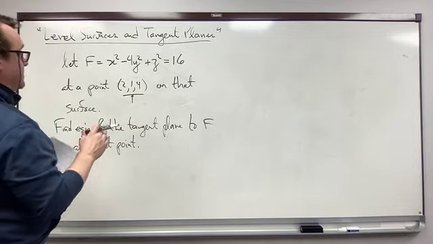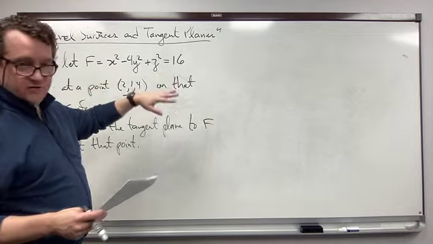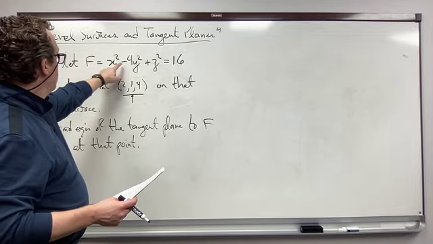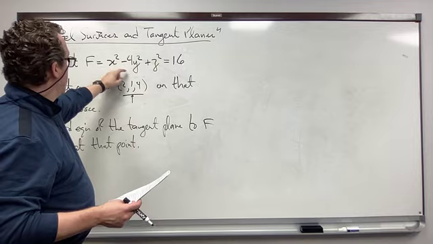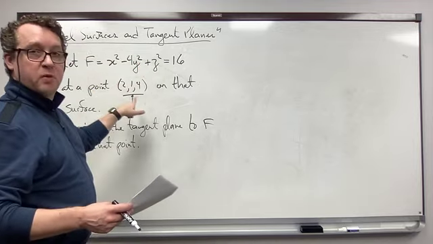One thing to quickly check is that we're told this point is on this surface. Is it? Well, put in 2, 1, 4: 4 minus 4 plus 4 squared, 4 minus 4 is 0, 4 squared is 16. Yes, so this point is on the surface.